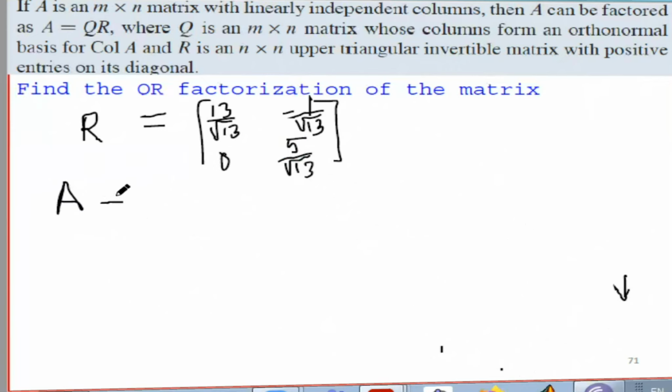So A, which is [2, 3; 1, -1], can be written as the factorization of two matrices.